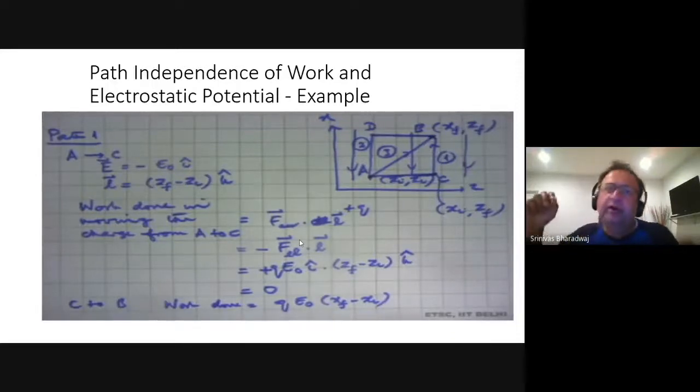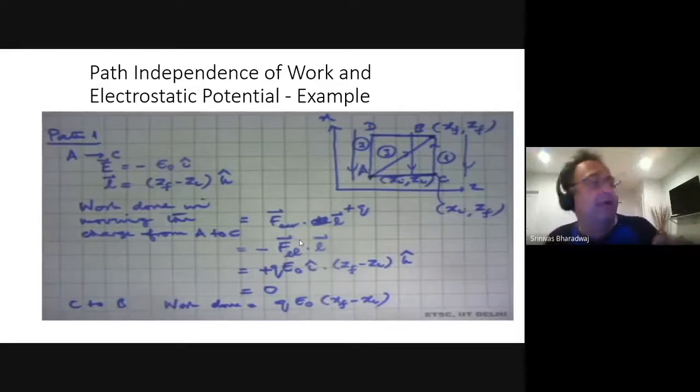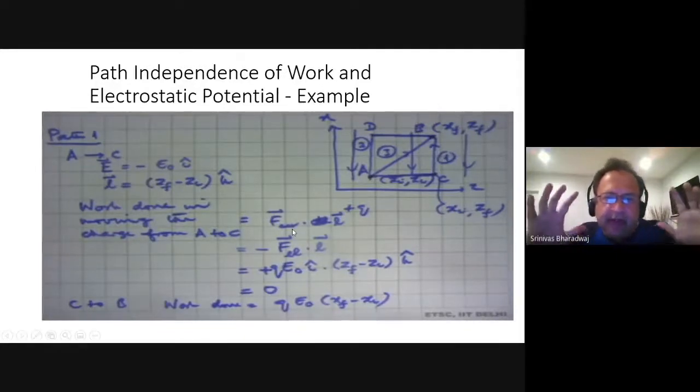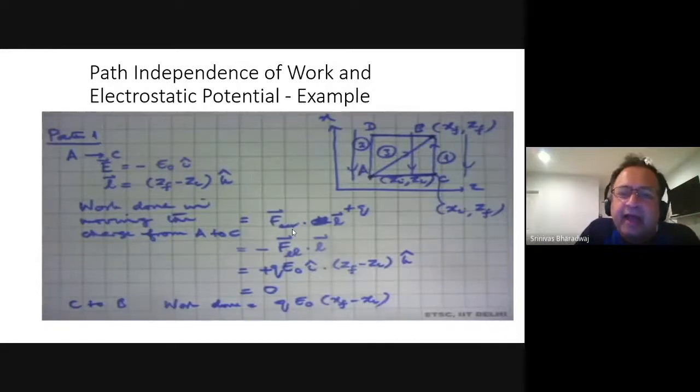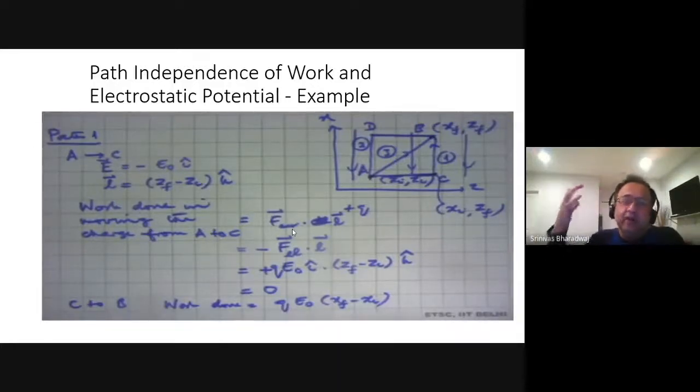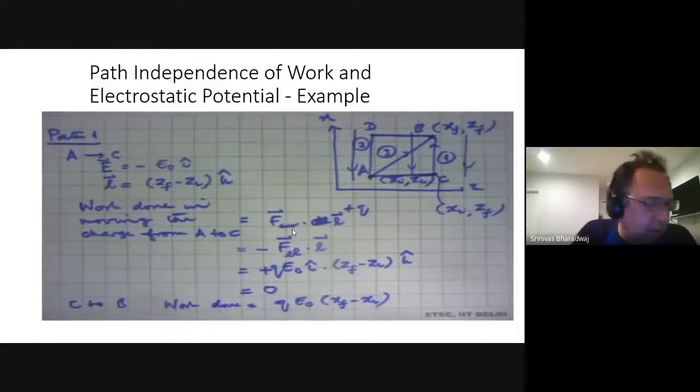Every point on that surface, you do the same amount of work to bring a unit charge from infinity to that particular point. That surface is said to be an equipotential surface. All the points have the same potential, because electrostatic potential is a scalar, so the value on all those points is the same.